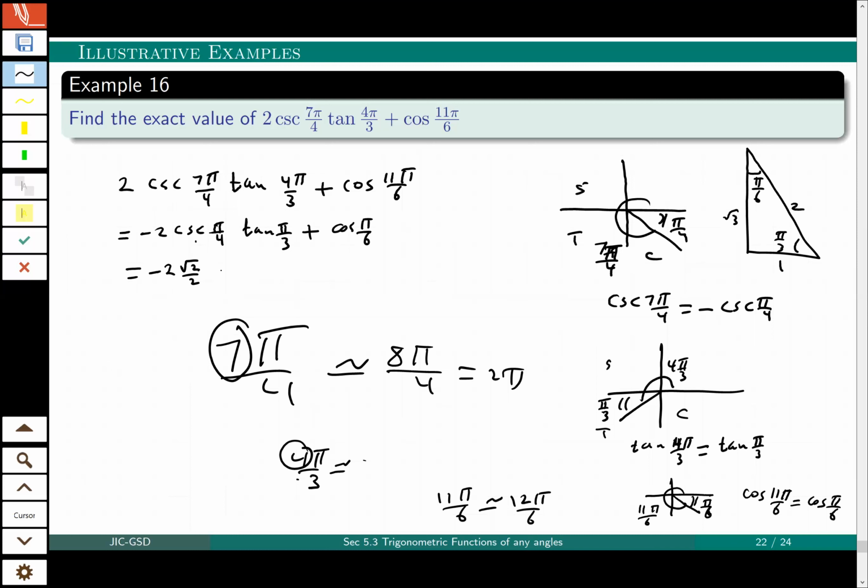Tan pi over 3 is opposite over adjacent, so it will be root 3. Cosine pi over 6 is root 3 over 2. So what we will get, let me erase this one now, we don't need it.